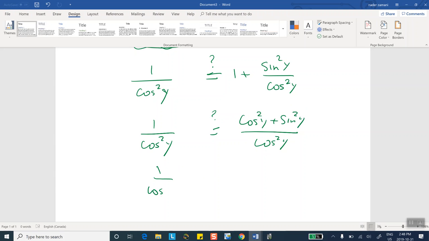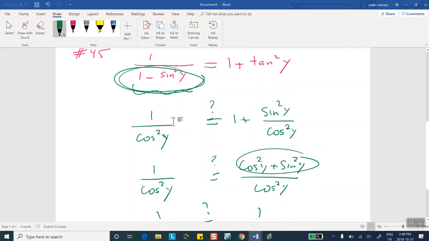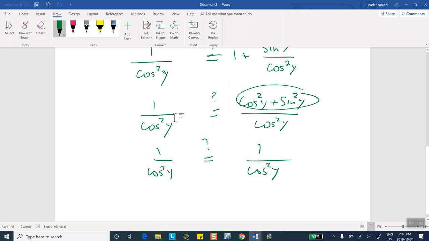But the numerator is 1 over cosine squared y. So notice that I worked with left side and right side simultaneously, and I reached a point that is obvious. Therefore, that identity is true. Therefore, the original expression is true.